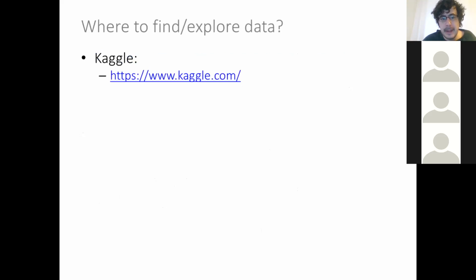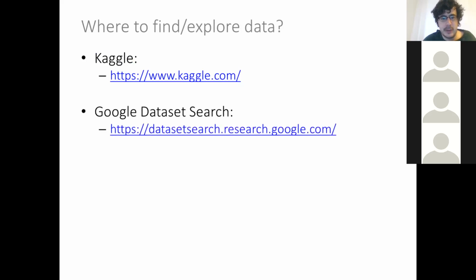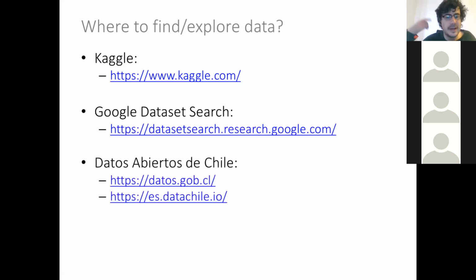Okay. Where to explore or find data. If you're looking for ideas, you can play around on Kaggle. It has small data sets and large data sets. With Google dataset search, you can search for particular topics and see what sorts of data are out there. Kaggle is better for exploring random data sets. Google dataset search may be better if you have an idea in mind of a topic and you want to find what data sets are available on the web. There are also some really interesting local data sets about Chile.